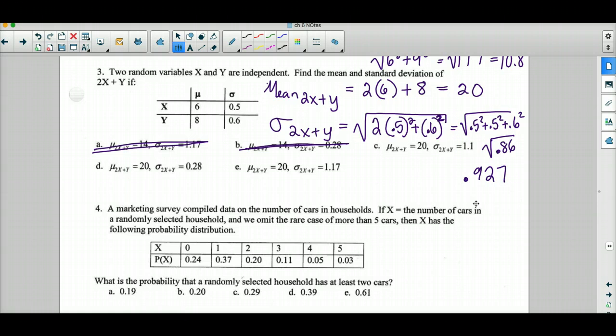So that would be not here. Did I do something wrong? 0.86 to the 0.5, enter, 0.927.